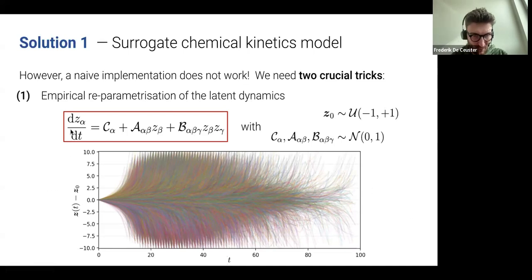This is the evolution of this parameter z. I subtracted z0 just to make it nicer looking, so that they all start from the point at 0. Then you can see the evolution of this random system with random initial conditions. And what you see is that fairly quickly, the whole thing diverges, it blows up and you get this quite erratic behavior.